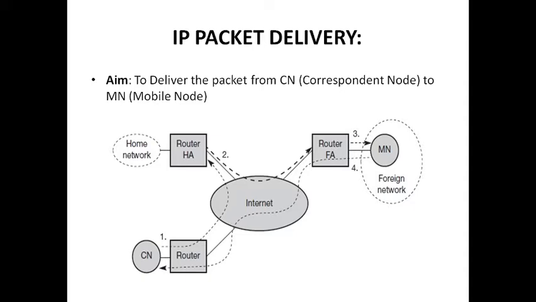Observe the diagram. Here step 1, step 2, step 3 and step 4 are there. Step 1 is from CN to the home agent via internet, and step 2 is from router HA to router FA via internet, and step 3 is from router FA to MN, and step 4 is from mobile node to router via internet.